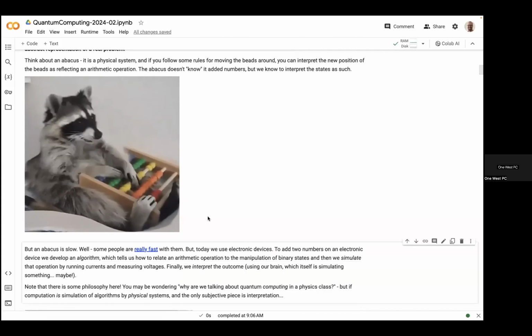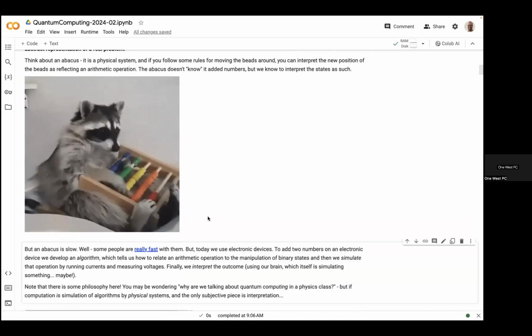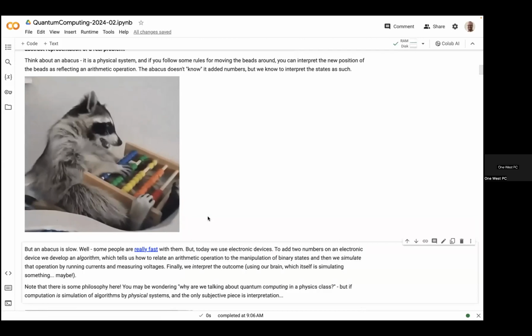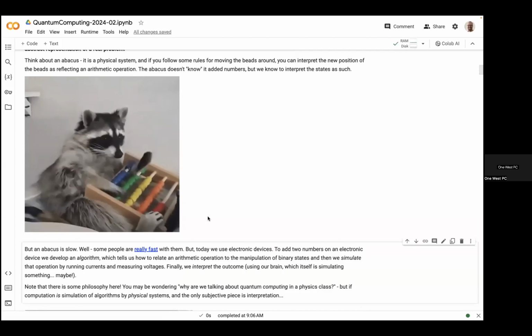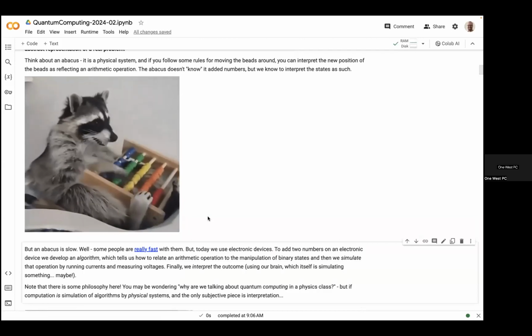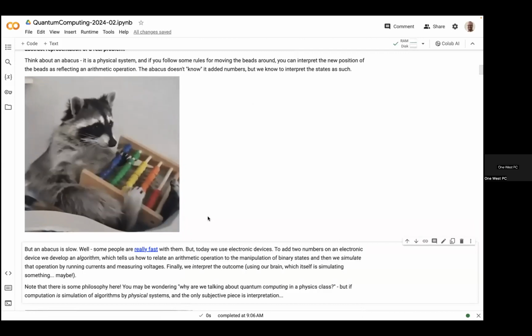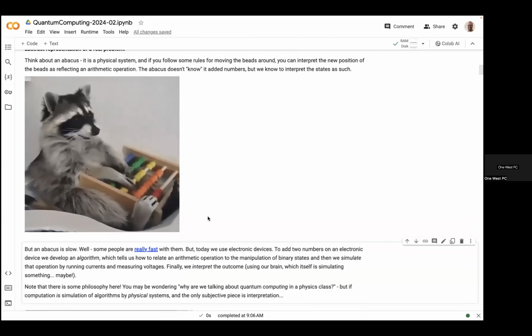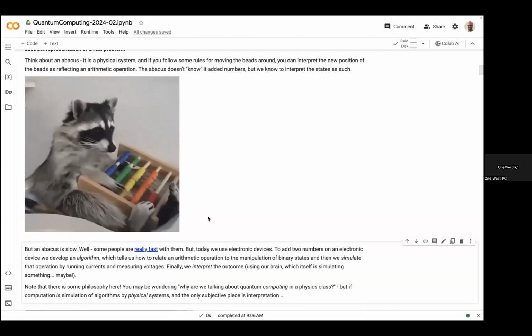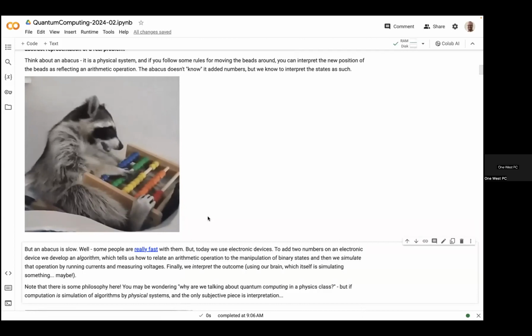Okay, but an abacus is slow. I mean, actually, some people are quite fast with them, and some people are really fast with them. But today we prefer electronic devices, right? So you've got phones, laptops, these kinds of things. And to do computation with an electronic device, we first develop an algorithm, which is this set of rules that we follow in order to do a computation.